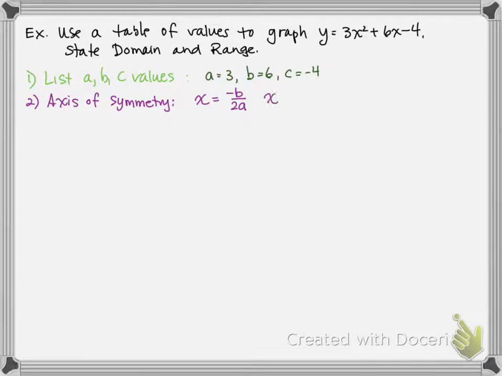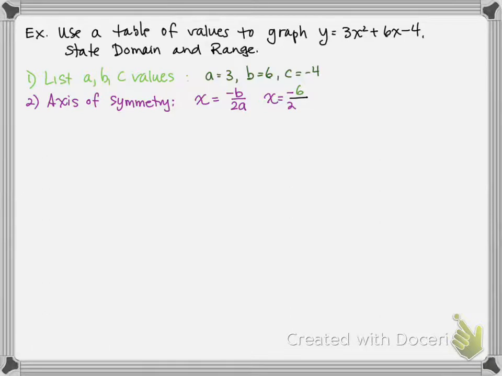So we get x equals the negative of b over 2 times a.